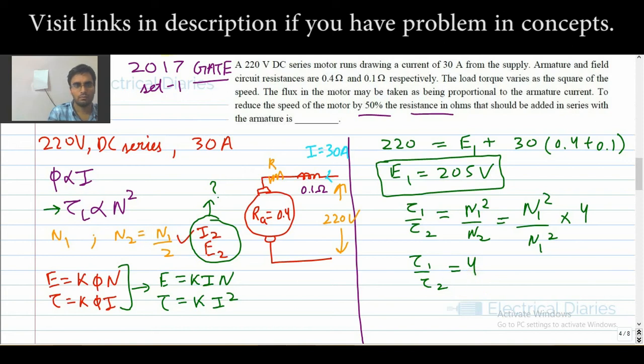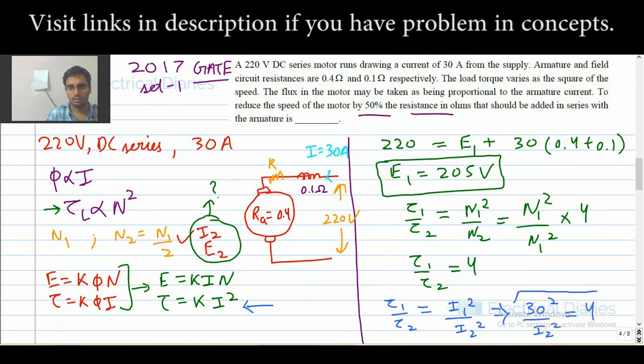Now from this relation, I can easily calculate I2 also. That is my objective. Put tau 1 by tau 2 equal to K I1 square by K I2 square; let us leave the K because it will cancel out. So I1 square is 30 square, and tau 1 by tau 2 is 4.